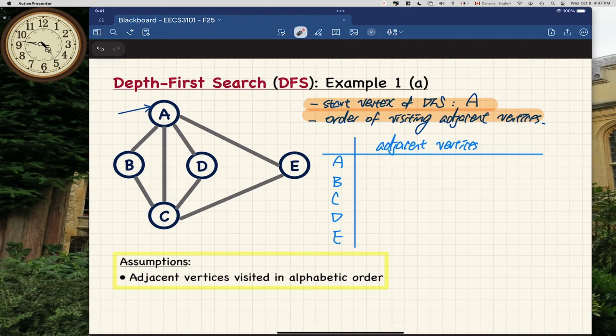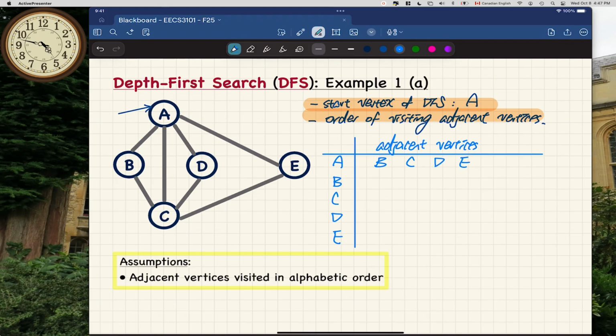When I say I'm going to visit adjacent vertex B, I'm really visiting this particular incident edge. Now A has degree 4, so I got 4 adjacent vertices, B, C, D, E, in alphabetic order: B, C, D, and E.